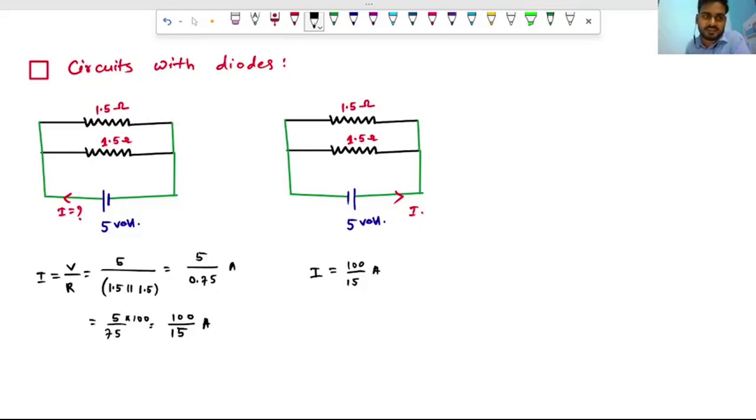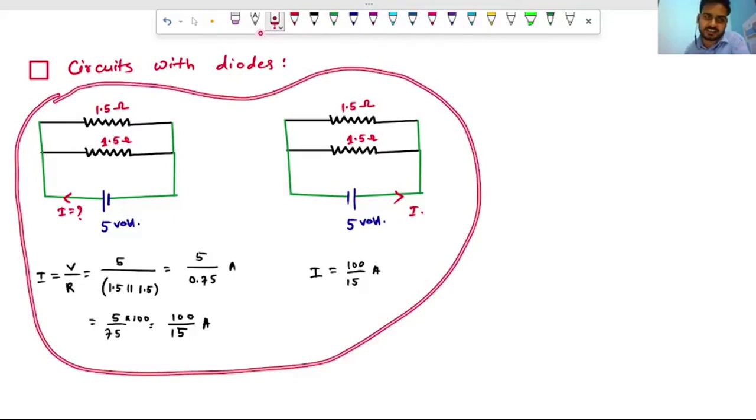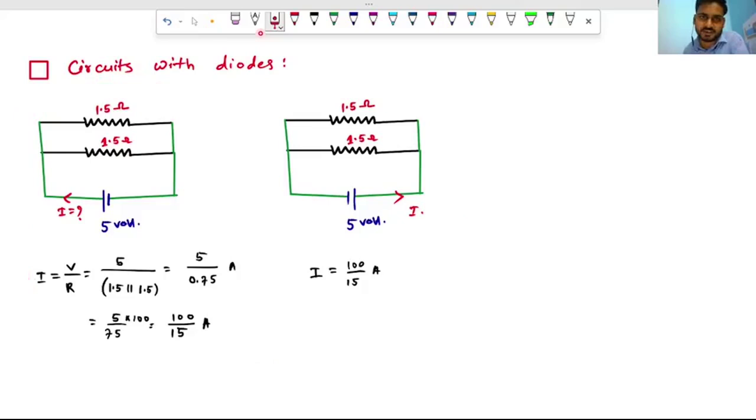Fine. So till now, using these two circuits, what we did actually, we just recapitulated a little the concepts that we already discussed earlier in the current electricity chapter, isn't it? Now what I'll do, I will take the same circuit.